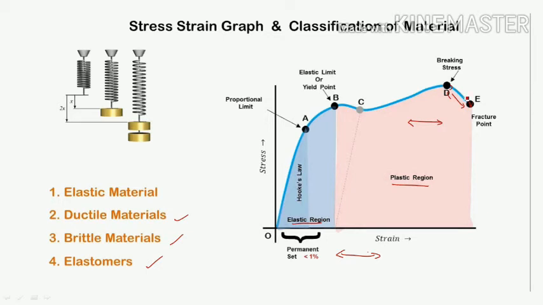If these 2 points are very near, then those materials are known as brittle materials. Glass is an example of a brittle material, whereas brass is an example of a ductile material.